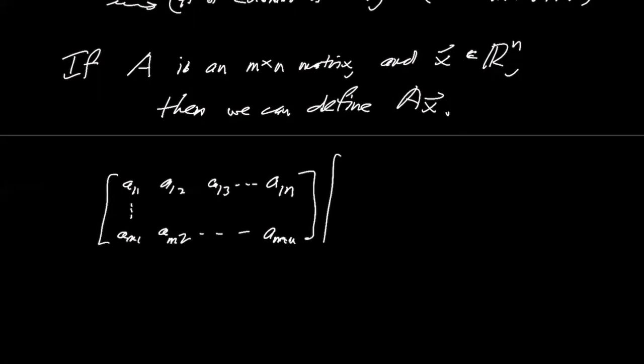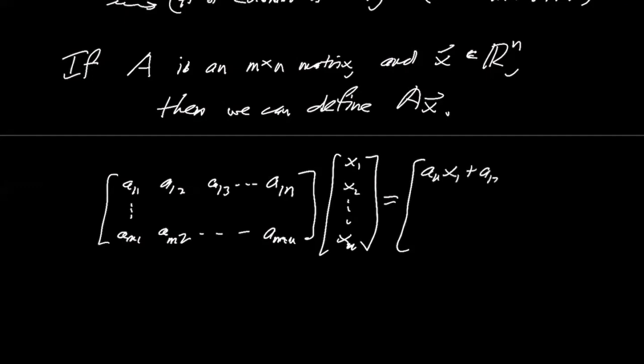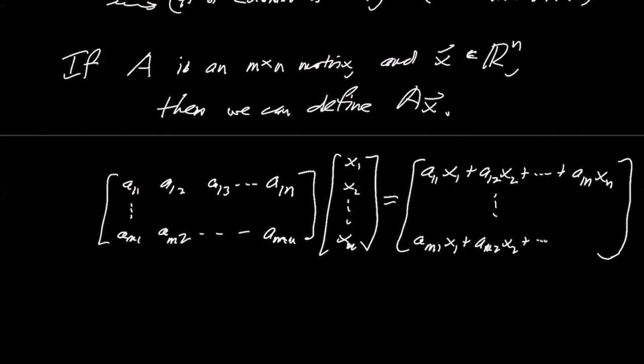And then times x1, x2, dot dot dot, through xn, is just by definition this: A11 x1 plus A12 x2 plus dot dot dot plus A1n xn, and then the same thing through the other rows down to A m1 x1 plus A m2 x2 plus dot dot dot plus A m n xn.